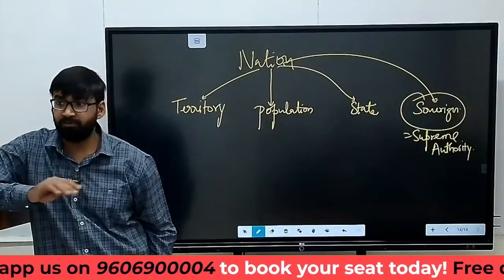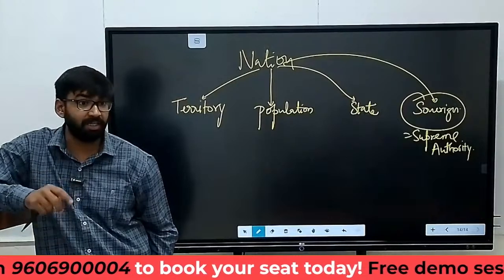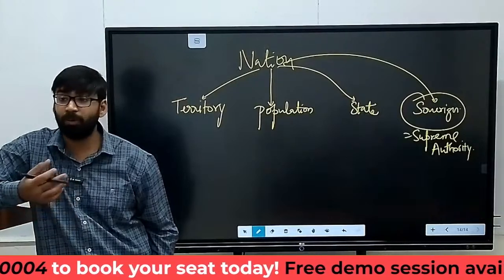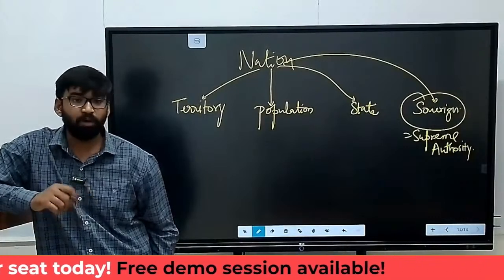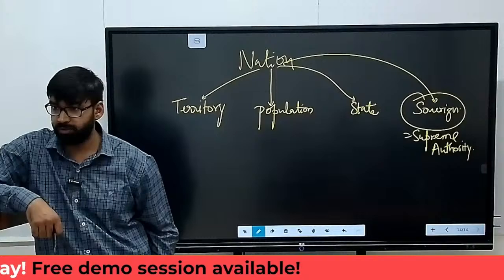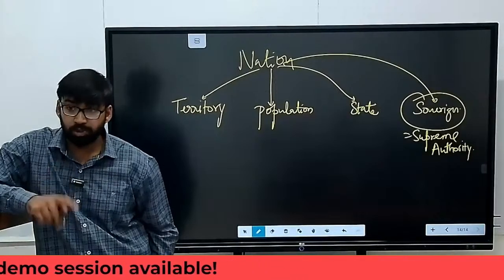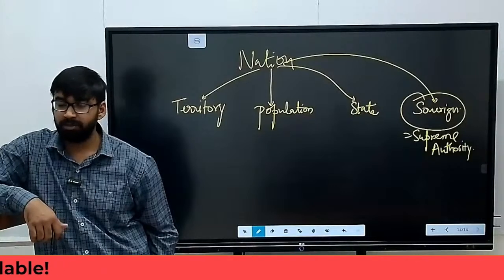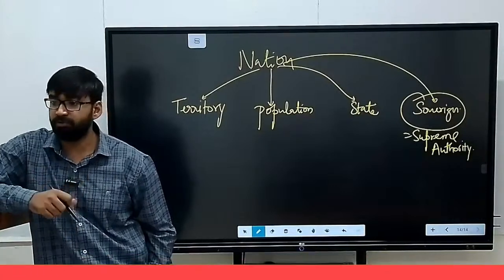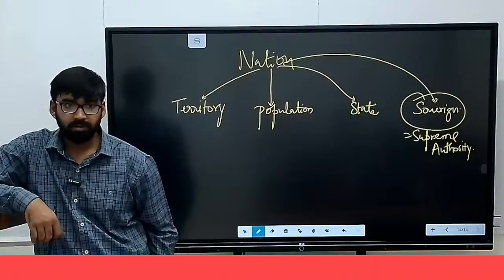That is why in the preamble, the first line is 'We the people of India' and the last line is 'give and adopt ourselves this constitution.' So the people of India have written a constitution for India and that constitution gives power to the government. Getting my point? So who is ultimately powerful? People of India. Clear?